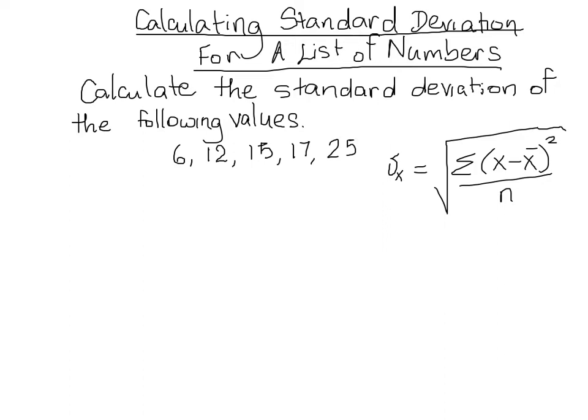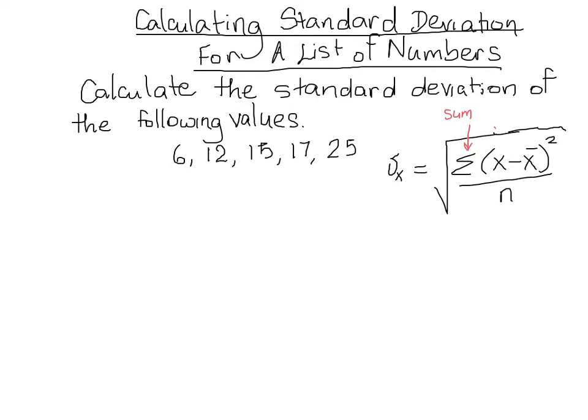Okay, so in our formula, this symbol, as you may know, is the summation sign. So when you see that symbol, it just means you need to find the sum of whatever comes afterwards. X is just a list of numbers, each and every x value that you're given.